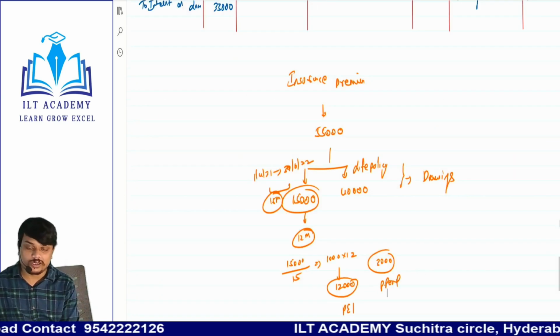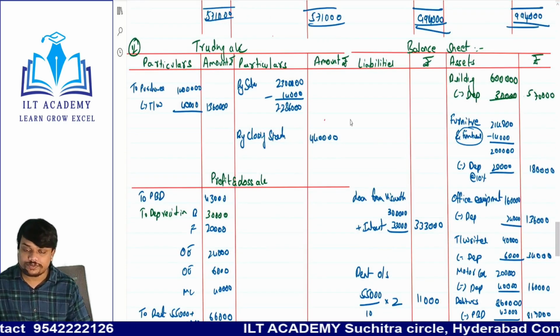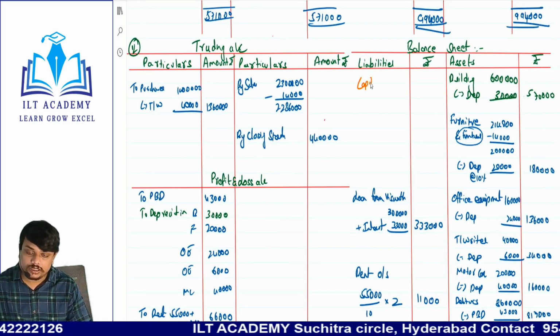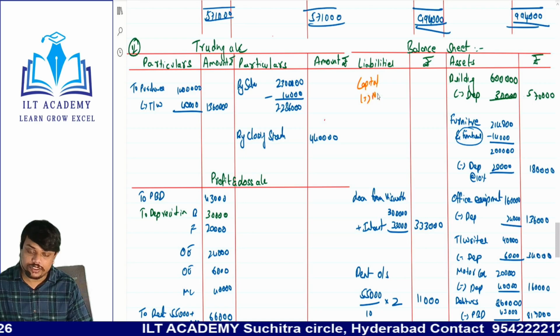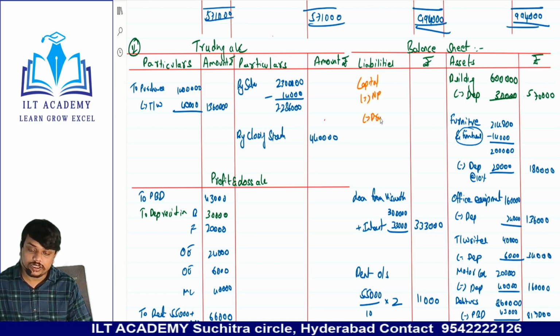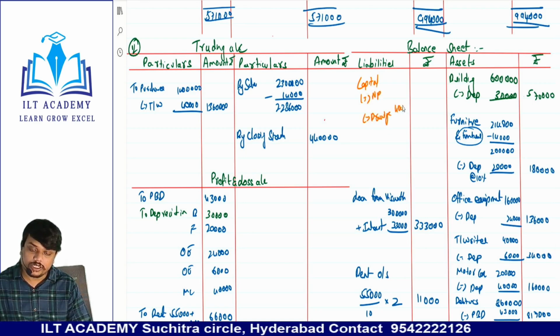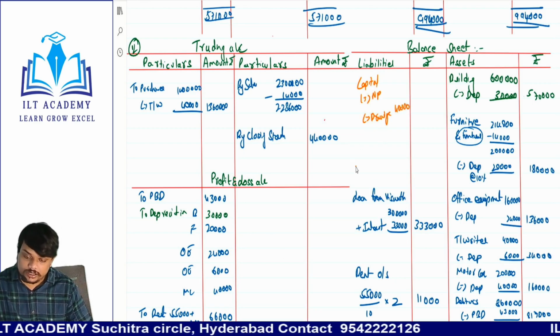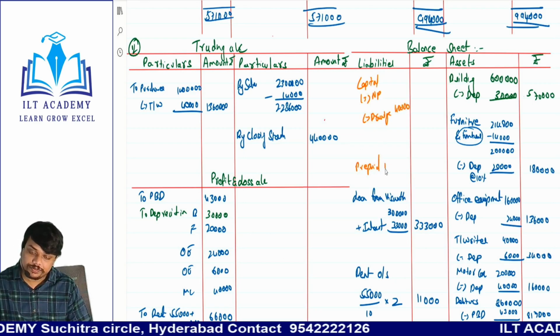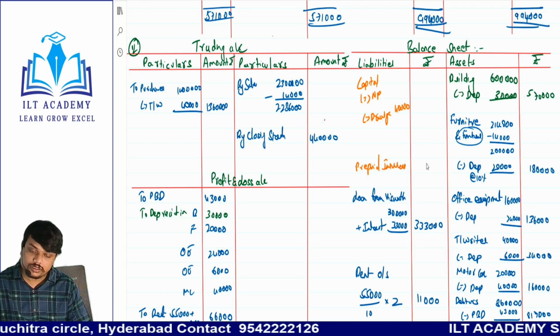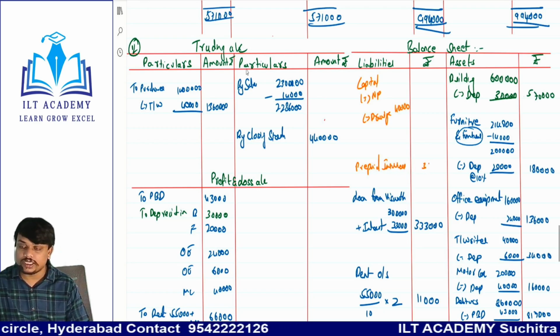So now how to record all these things? Capital, add net profit minus drawings, which will be 40,000, and here prepaid insurance. Prepaid insurance is an asset.